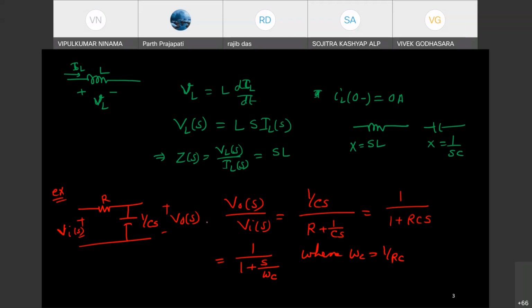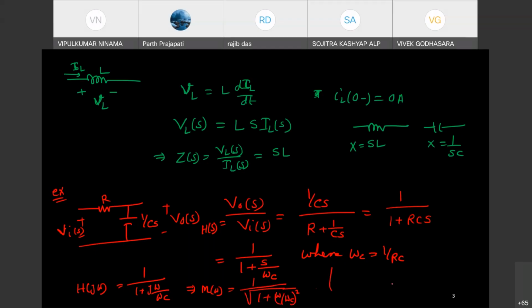So if this is your H(s), then H(j omega) will be 1 upon 1 plus j omega upon omega_C. Therefore, the magnitude will be 1 upon square root of 1 plus (omega by omega_C) squared.